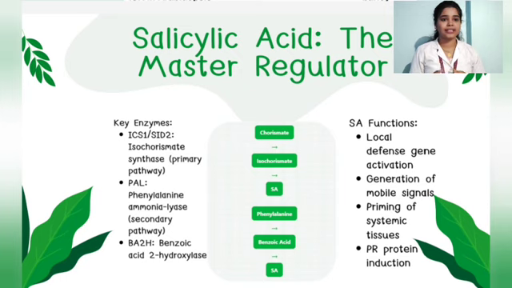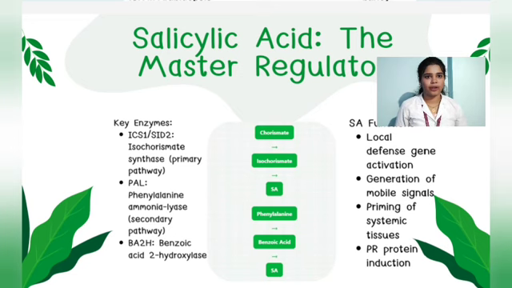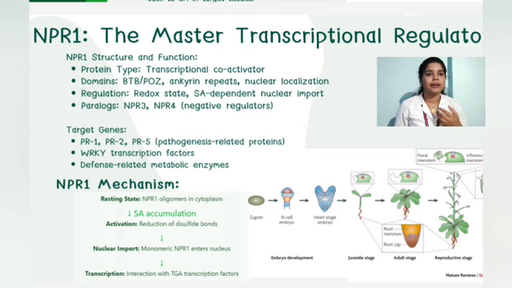For long distance signaling, molecules such as methyl salicylate, glycerol-3-phosphate, and azelaic acid act as mobile signals and are transported through the plant to activate systemic resistance. What is NPR1? NPR1 is a master transcriptional regulator. It activates genes like PR1, PR2, and PR5 and works together with transcription factors such as WRKY and TGA.